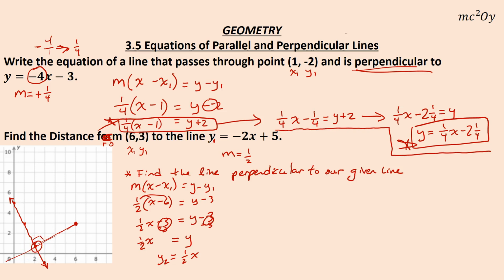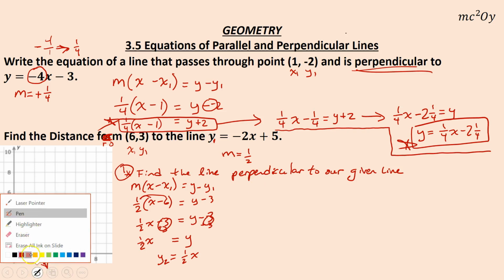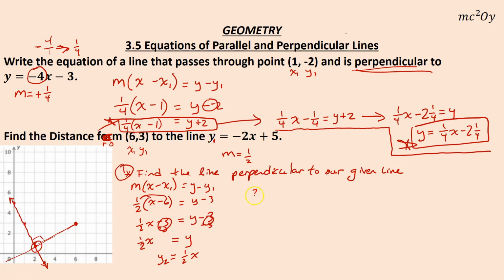Okay, so the next thing you need to do, so like if this was the first thing, number one, number two, let's go ahead and switch up some colors here. The second thing you need to do is find where your lines intersect.